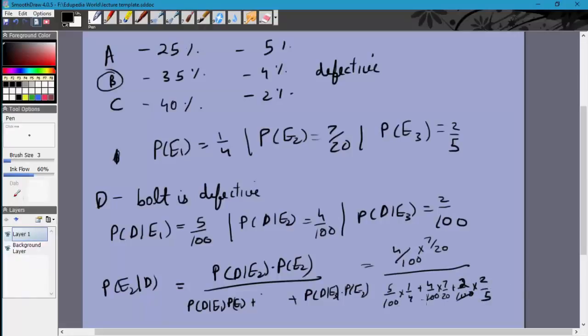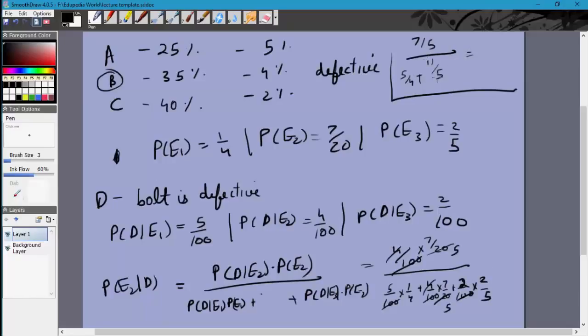So first of all we can cancel all the hundreds. So what we are left with is 4 into 7, this cancels with this and gives me 5, 7 by 5 divided by 5 by 4 plus, and again this gives me 7 by 5 and we have 4 by 5. So 11 by 5.